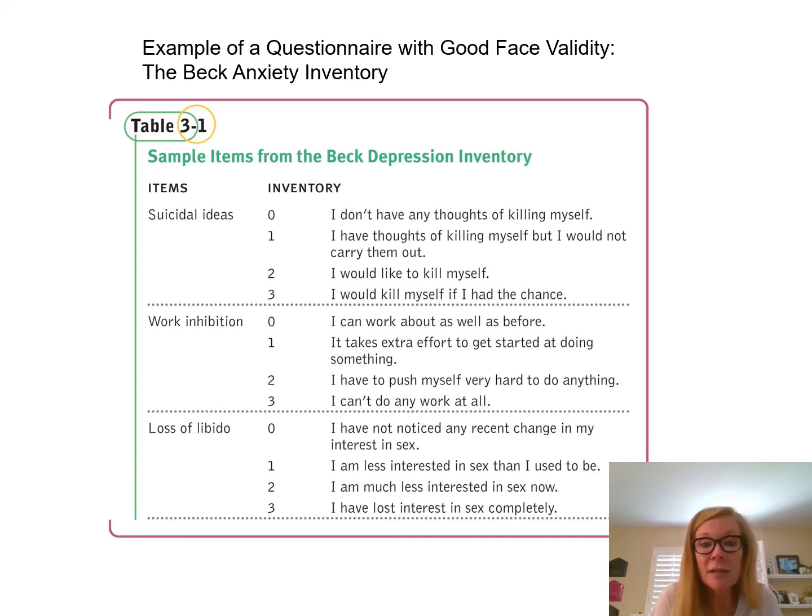What do I mean it looks like it? Well, I'm looking at these items. Suicidal ideas are a symptom of depression. Feeling inhibited at work is a symptom of depression. Loss of libido or sex drive is a symptom of depression. And so when it purports to measure depression, it's asking about symptoms of depression. Therefore, on its face, or superficially, this measure appears to be valid.